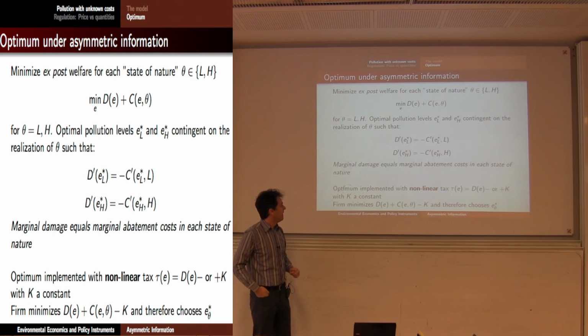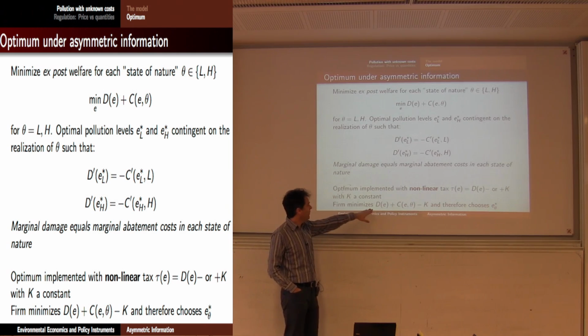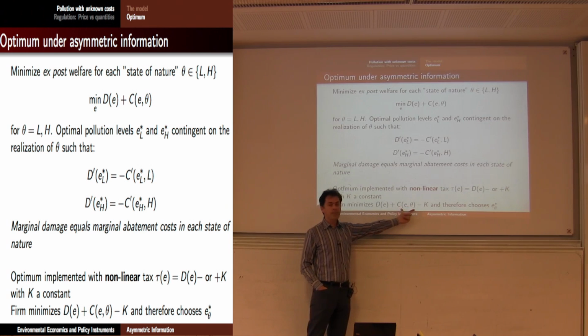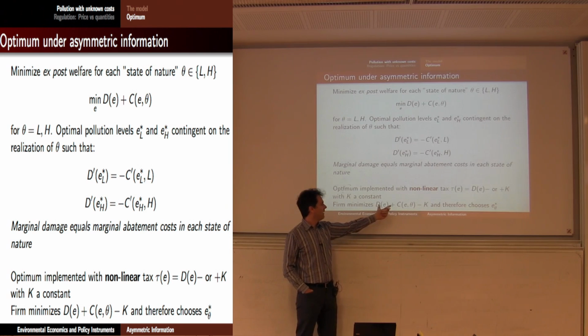Why? Because when the firm decides how much to emit, the firm will solve this program. The firm will minimize its technical cost of abating, and also the cost of emission from a regulator's point of view in terms of regulation.